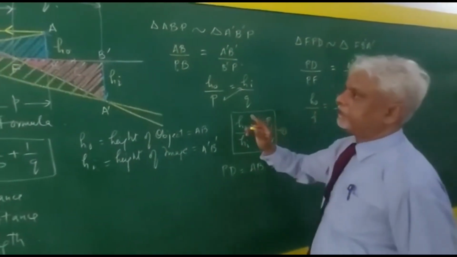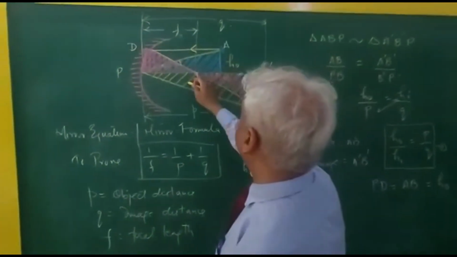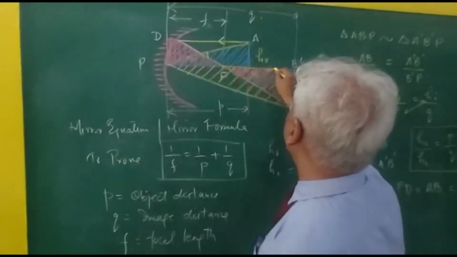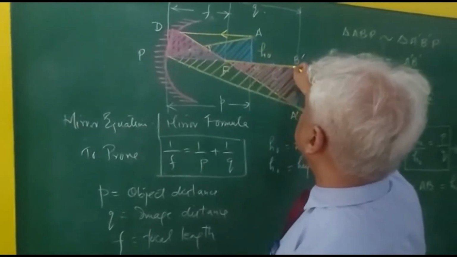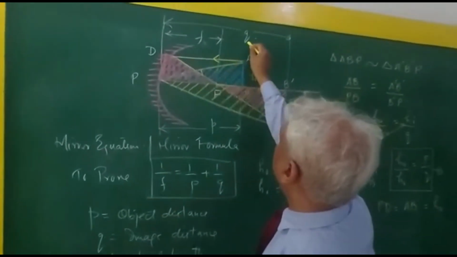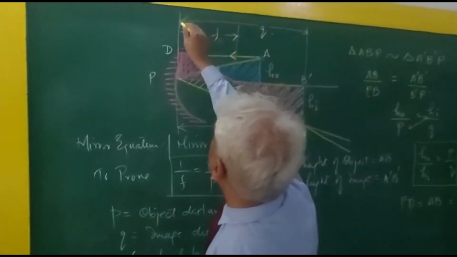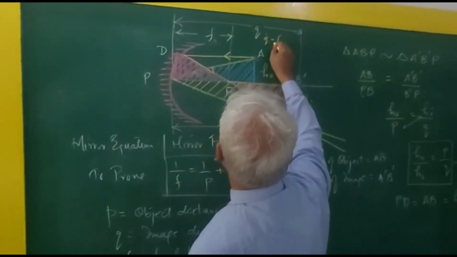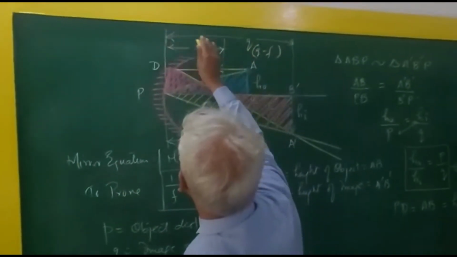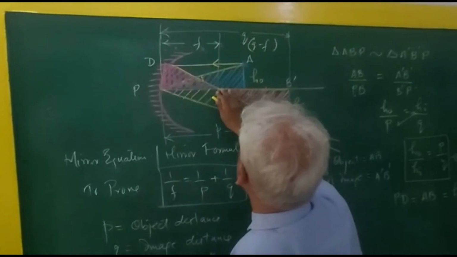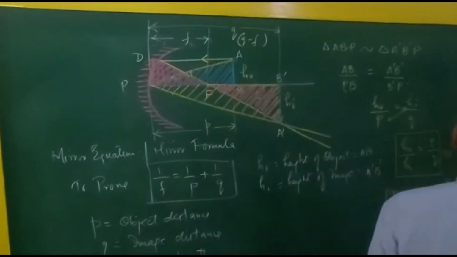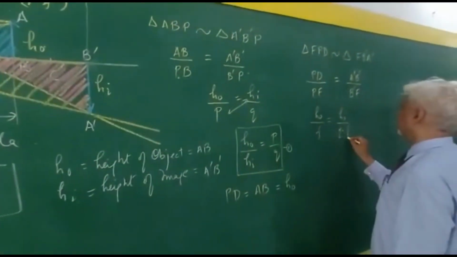And B dash F is equal to Q minus F. Q minus F will give us this distance, FB dash.